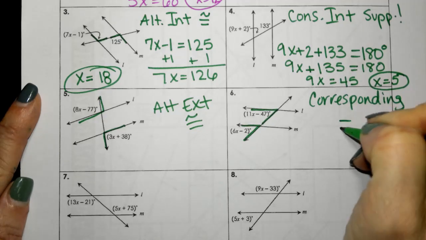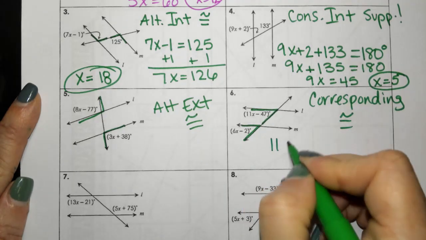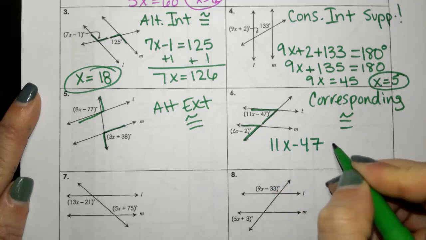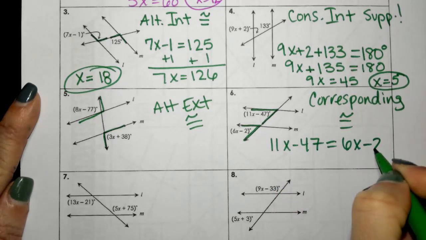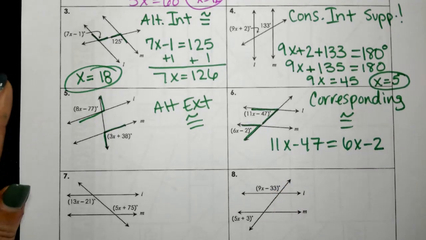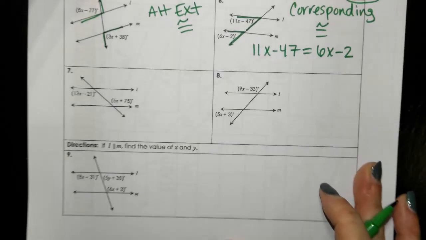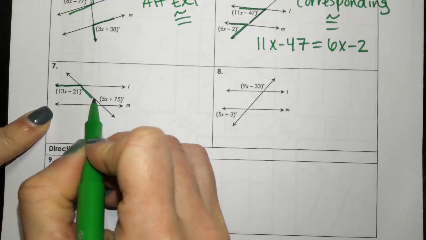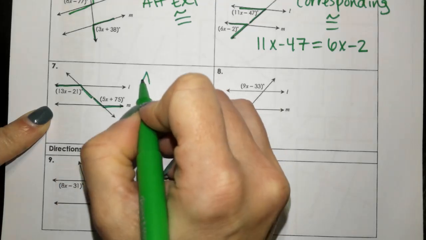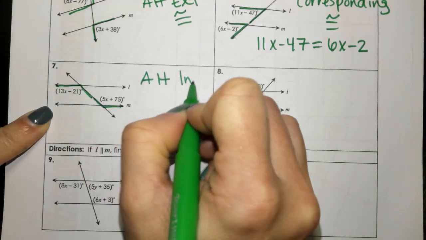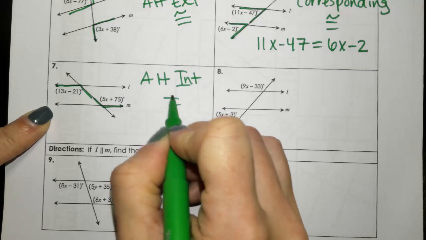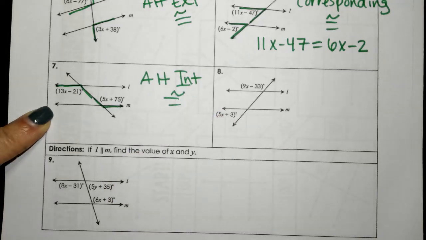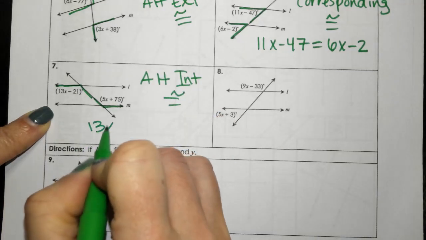So they are congruent, so set them up equal to solve. Down here, this angle and this angle are alternate interior, so again, congruent. Set them up equal to solve.